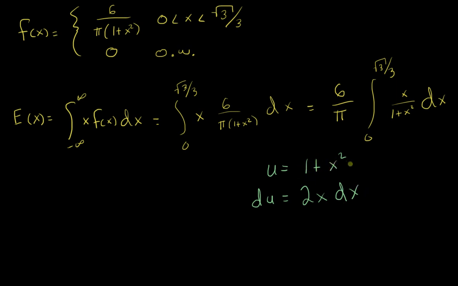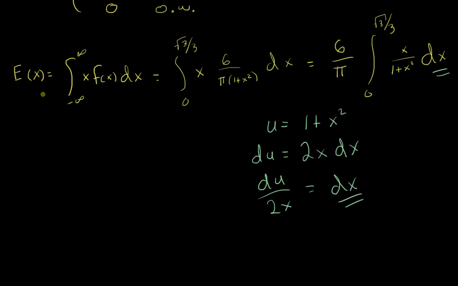Bring down the 2 from x squared, so that's 2x dx. All right, so now I have dx here, right? I need to solve this for dx. Divide both sides by 2x. There we go. So now I have dx, and I have something I'm going to plug in for u. So let's go ahead and do those things.